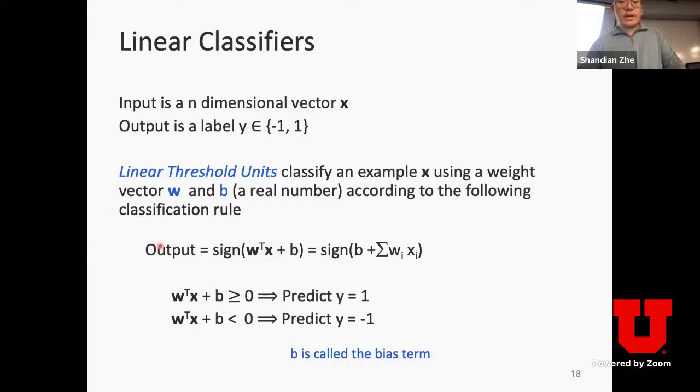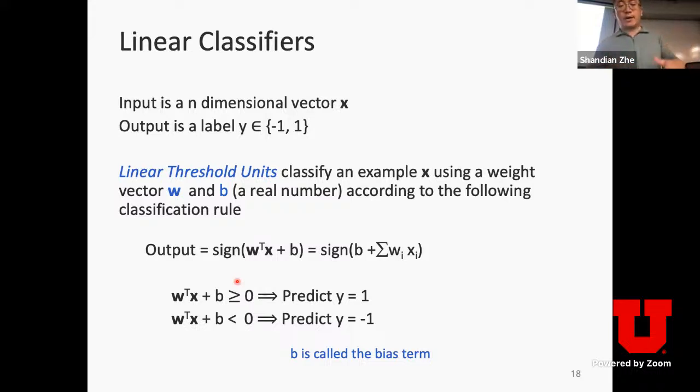And then a linear classifier uses this rule to generate the label. We calculate the dot product between the weight vector w and feature vector x plus this bias term, then look at the sign. If the sign is 1, then the prediction is 1.